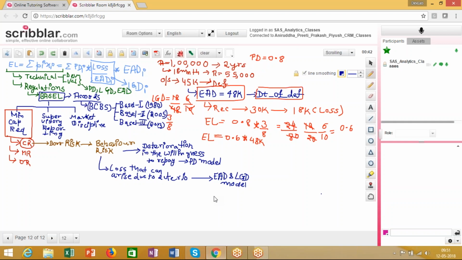So that is the next part that we will talk about. Let's try to build the bridge between these three concepts. What are the three blocks between which we are trying to build the bridge?